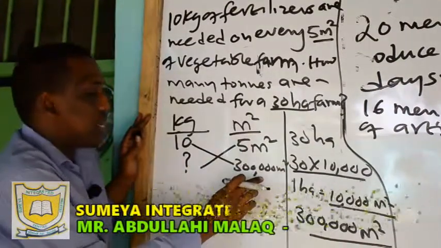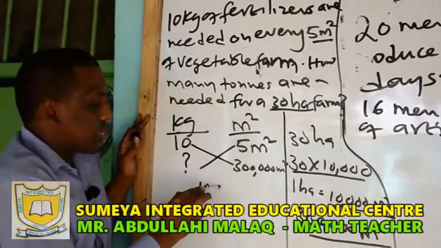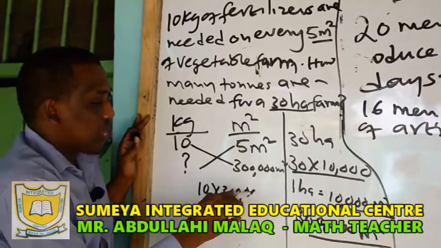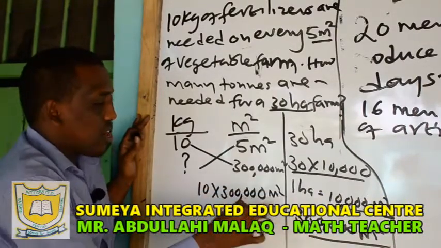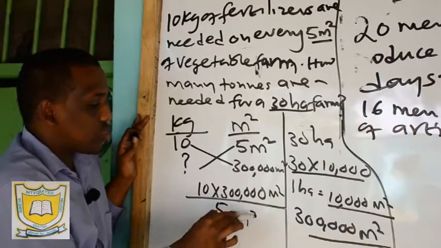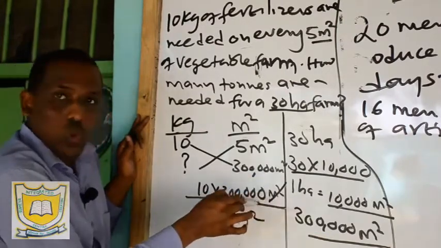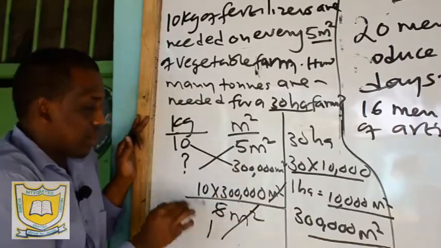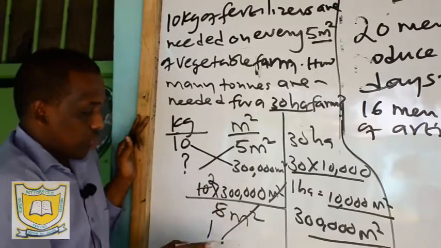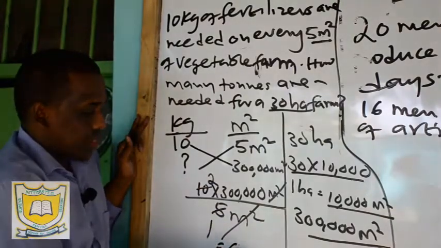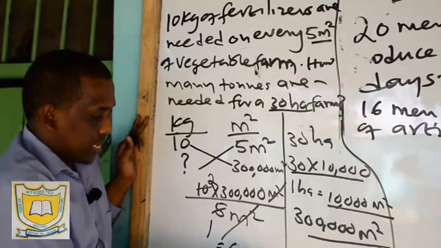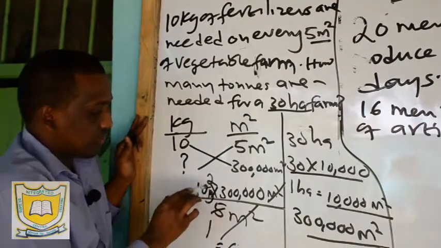What about this? Now we say 10 times 300,000 meters squared over 5 meters squared. We want to get kg, meters squared, by 5 1, by 5 2. So here you will get 600,000 kg, because here was kg.